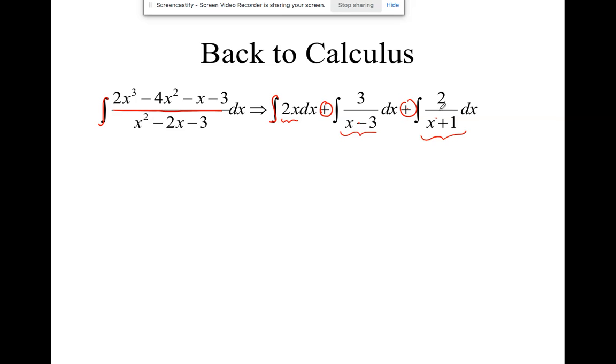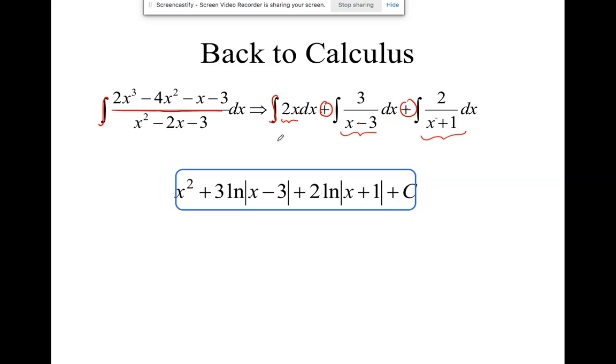I already integrated this from example 1. Integrating 2x is 2x squared over 2. Now I'm done. Again, if you do partial fraction work with this quadratic and this whole numerator, you will end up with this. You just will have lost the x squared. Okay. All right, we will do more examples. We'll do another example of that in our next live session.